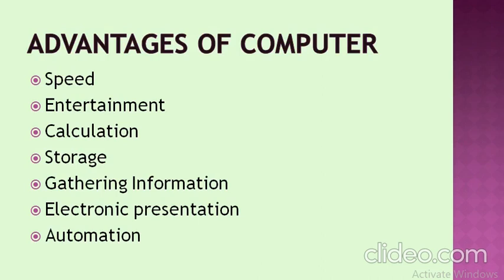Then the next advantage of the computer is calculation. In the previous example we saw how a computer helps us in doing calculations. A computer can perform complex calculations, meaning very difficult calculations, without making any mistake.